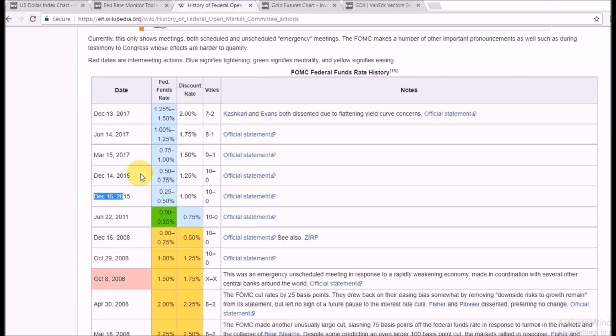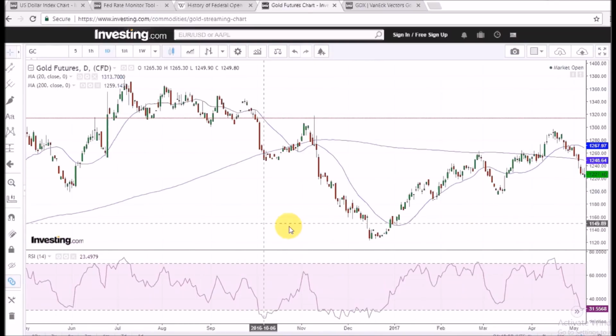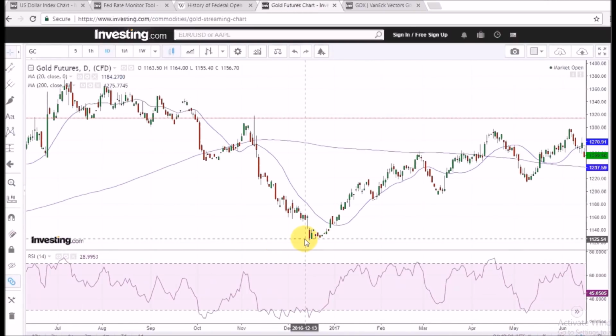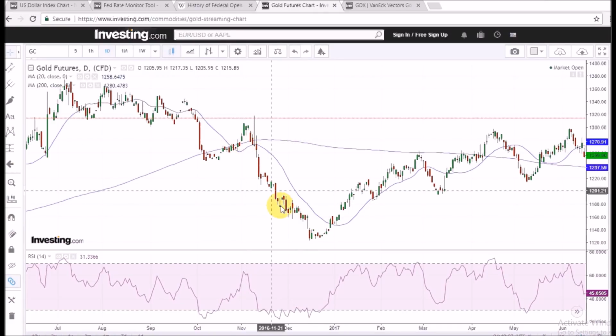Next was the 14th of December 2016. Let's have a look at what happened to gold then. So basically the same thing. In expectation of the rate hike, gold moves down. Of course, there are other factors as well.